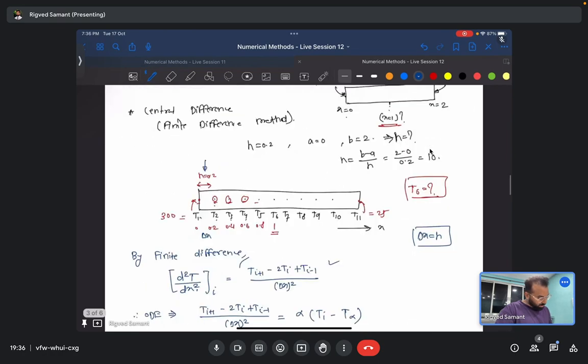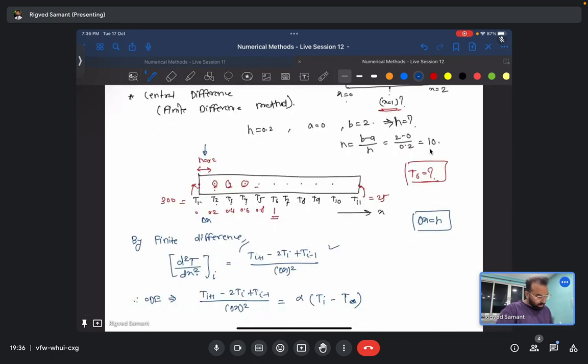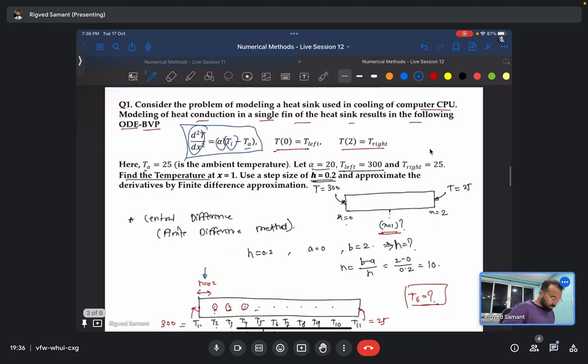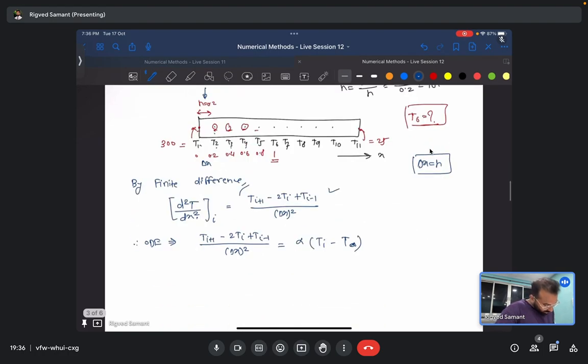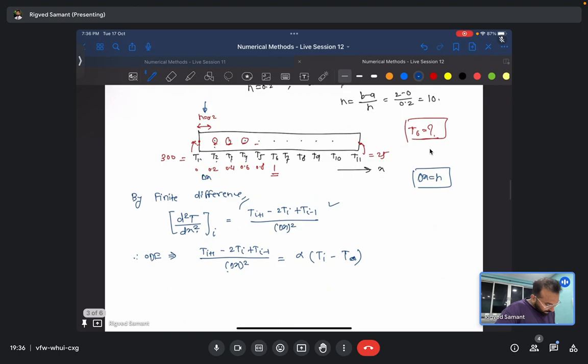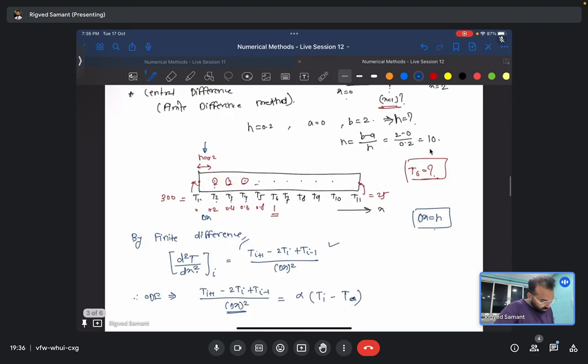You know delta x square as well, that is h, which is 0.2.